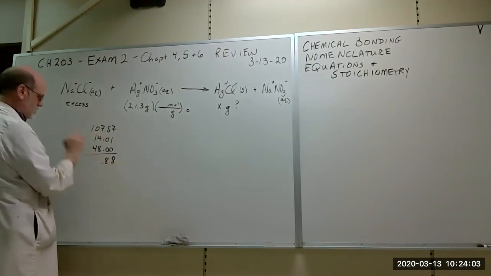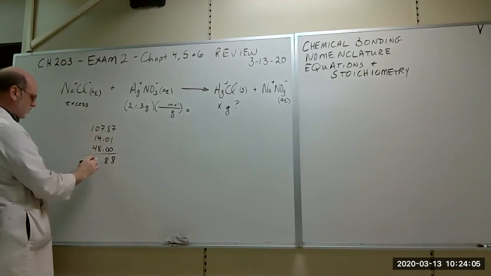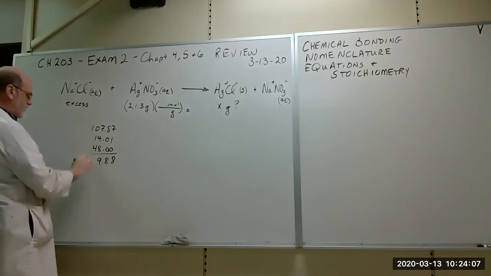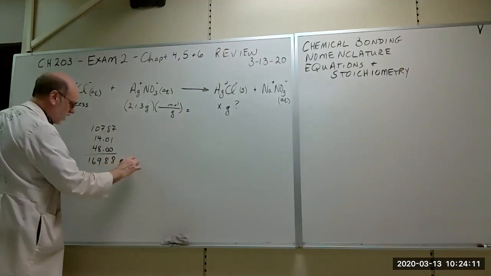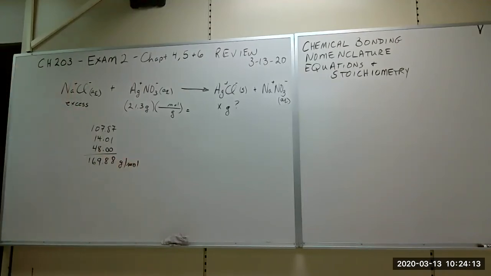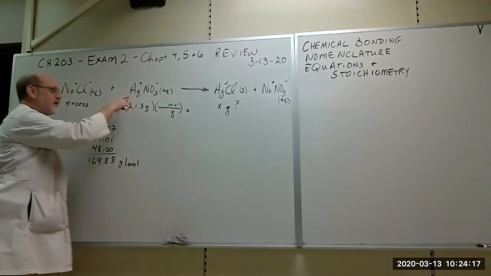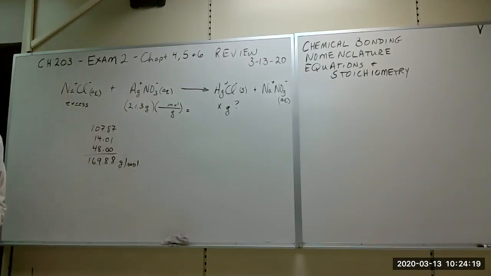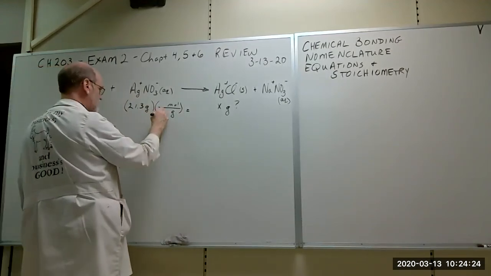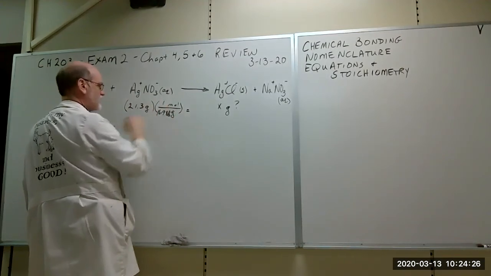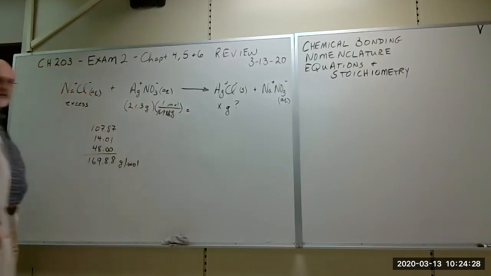So if I did my math right, the molar mass of silver nitrate is 169.88 grams for each mole of that compound. So now we just need 169.88 here, divided into 21.3.